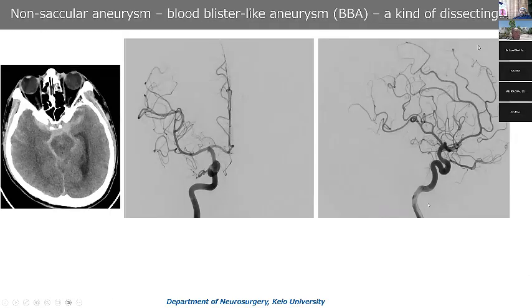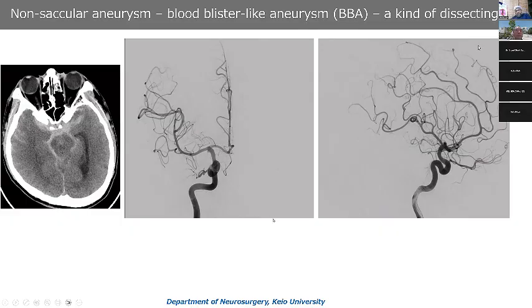Okay, how about this? This patient has severe subarachnoid hemorrhage, and there are no vessel abnormalities on the left vertebral artery angiogram. On the right side, the internal carotid angiography is like this. This is the frontal view, and this is the lateral view.